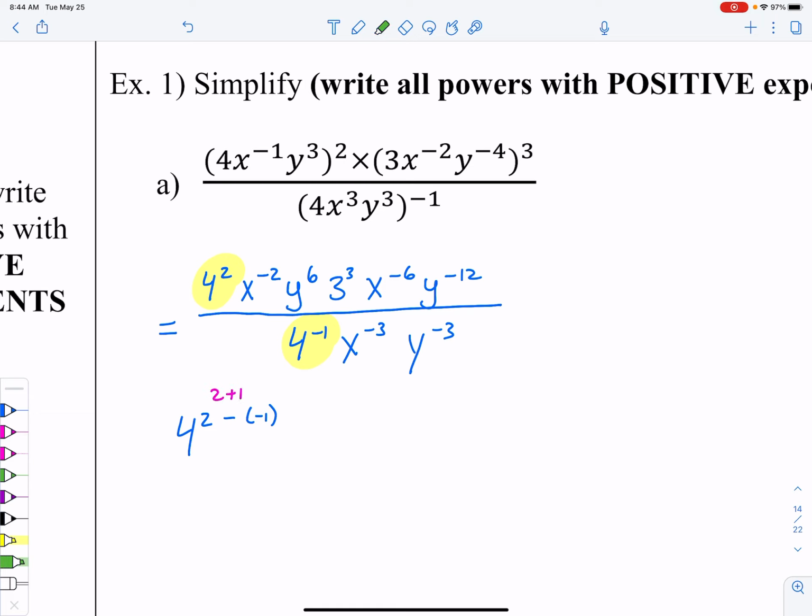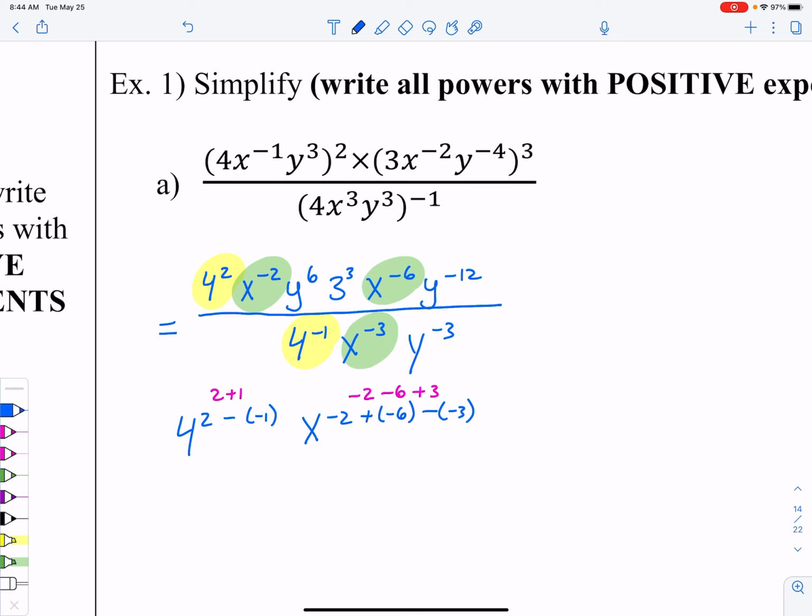Our next base that we're going to look for is x. So we're going to find all the x's, and we're going to combine them together. So here we have x to the minus 2 plus negative 6 minus negative 3. And if we simplify that, we get negative 2 minus 6 plus 3.